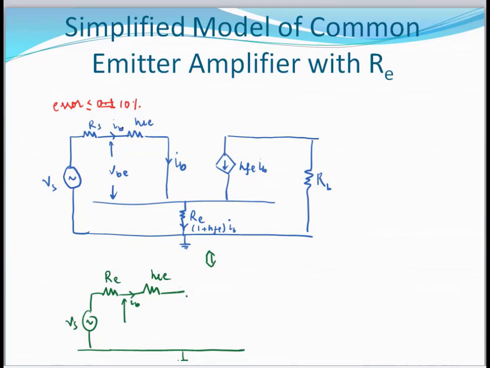So I am drawing RE here and current is coming inside it. What current is coming? IB (1 plus HFE).